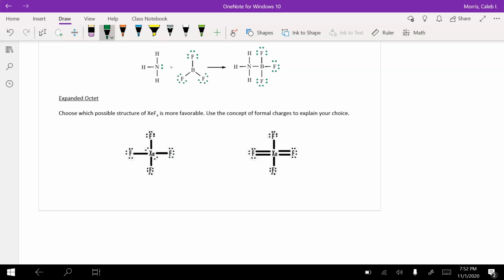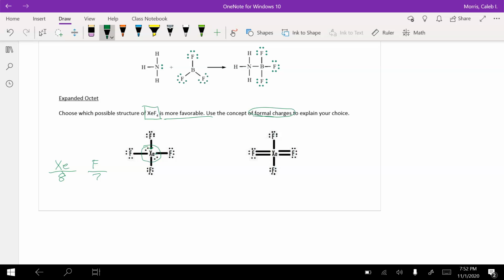We want to choose which possible structure of XeF4 is more favorable, using the concept again of formal charges. So let's look at it. Xe is in group 18, it has 8 valence electrons. And then we have F, it's in group 17, it's got 7 valence electrons.